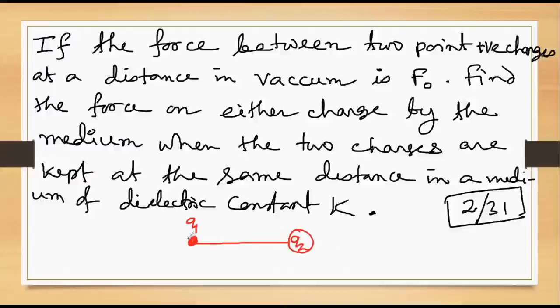Say Q2 repels Q1 with a force F0. It means net force on Q1 is F0 only.